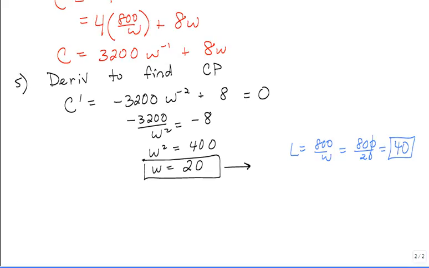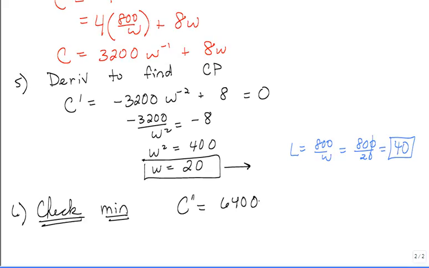Okay, now don't forget this last step. You have to check and make sure that that's a min. And how do you do that? Well, you can use the second derivative test. So let's do the second derivative. You plug the critical point in, and you see if it's positive or negative.